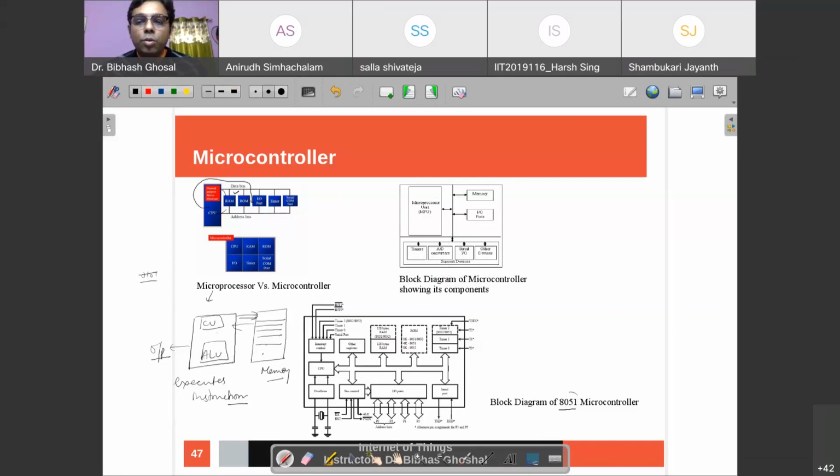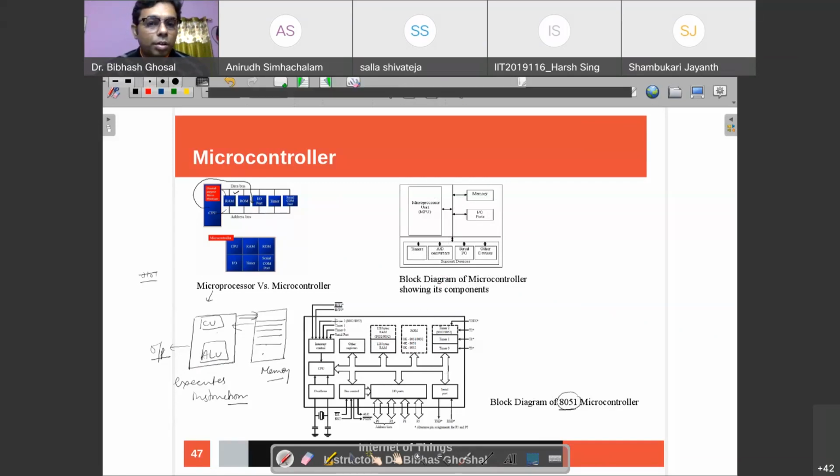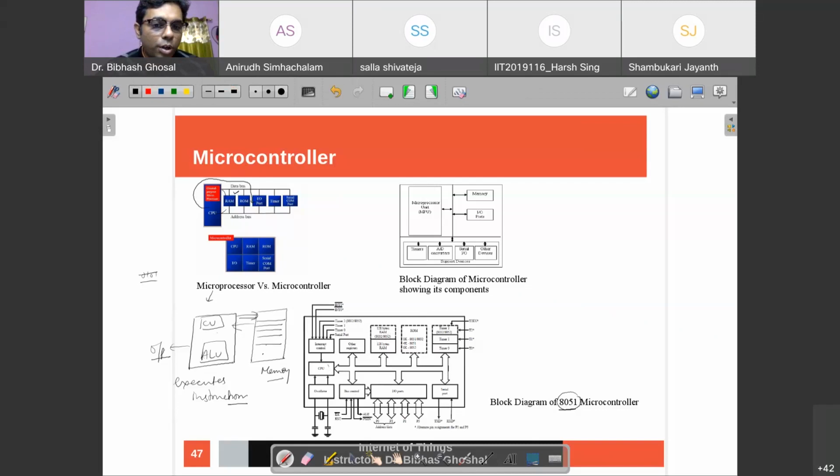Okay. It's a typical example of a very commonly used microcontroller, a very old one by Intel. It was called 8051. And there you see the different components that it has. It has a computing unit which is called the CPU that processes the instructions. It has a RAM which contains 128 bytes. Look, 128 bytes.